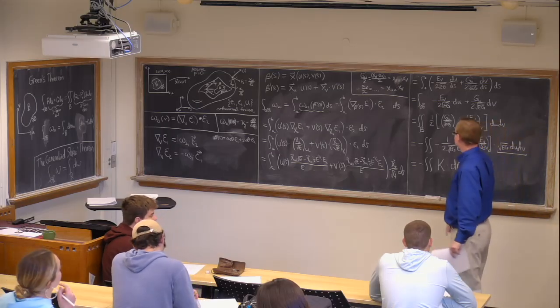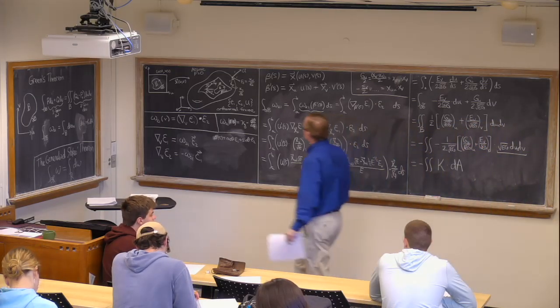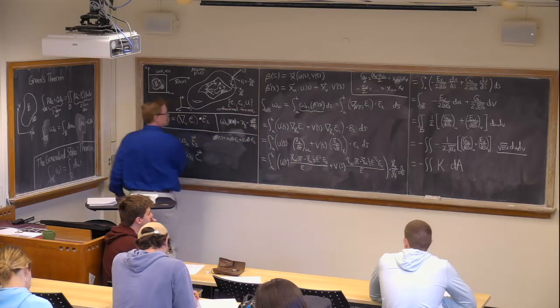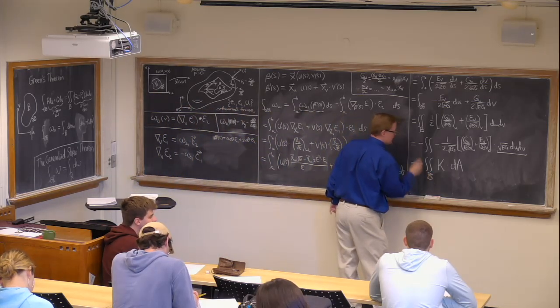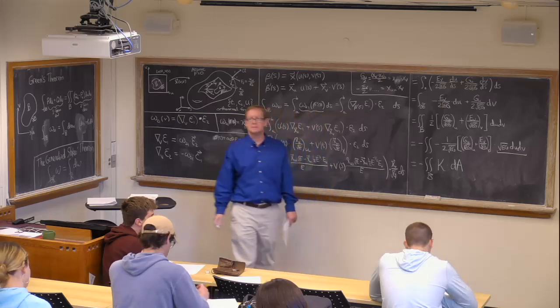And so what you actually have then is an integral over B tilde of the pullback of these things. And so it's the same thing as just integrating over B of the actual things.